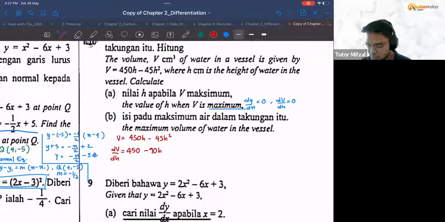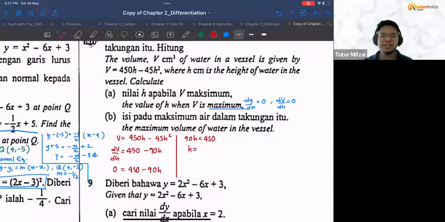So we make this equivalent to 0. dv dh equivalent to 0. Solving for this, we should get 90h equivalent to 450. 45 divided by 9, 5, kan? Dapat 5 centimeter. You should get 5 centimeters over here. So settle A. Right, A dah settle. H equivalent to 5 centimeter.